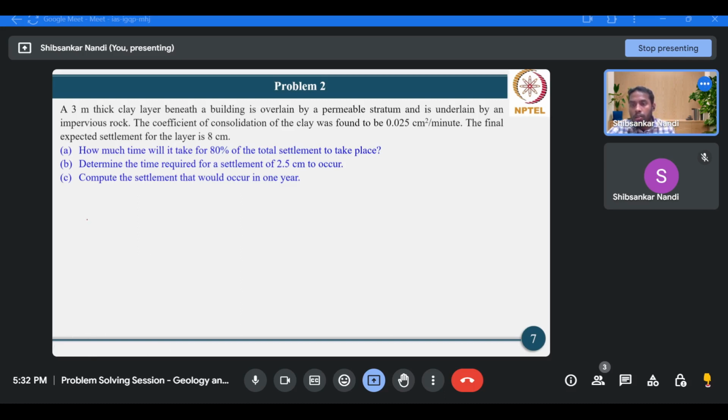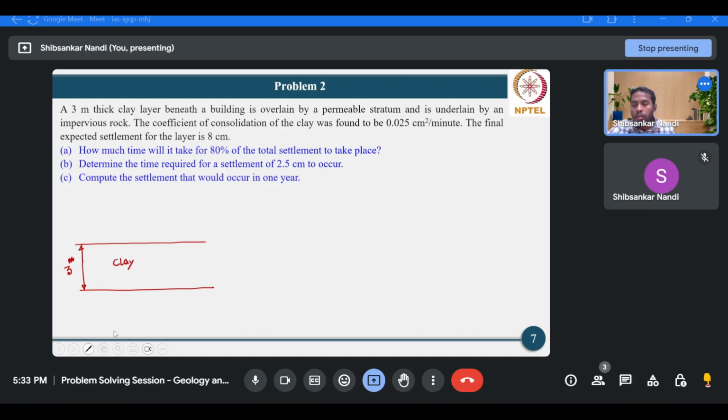We'll first draw the field condition or the soil layering. There is a 3-meter thick clay layer.